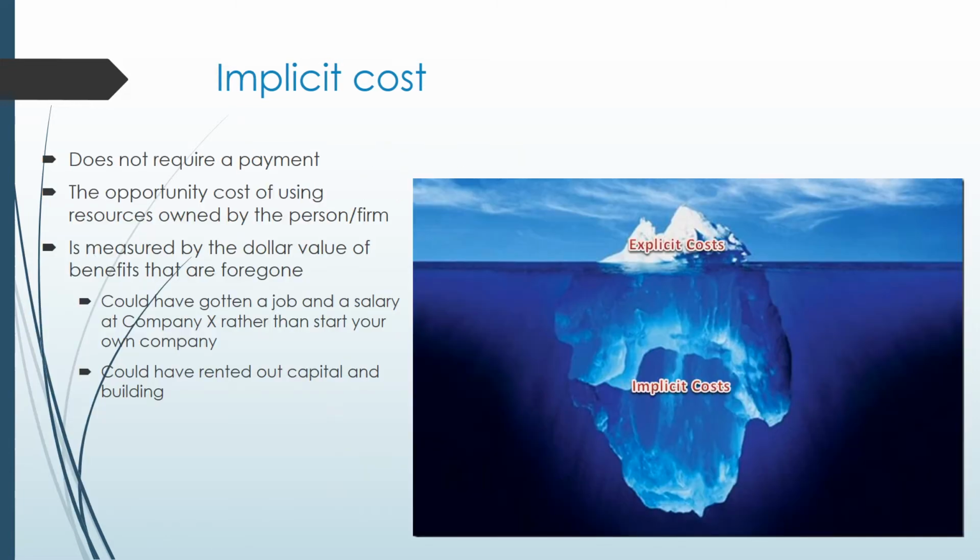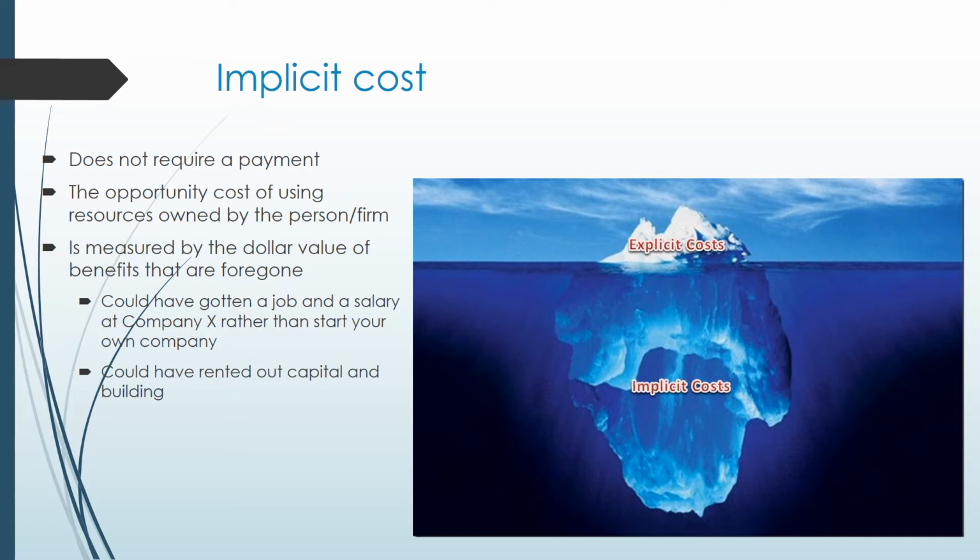On the other hand, and this is what's new to people typically, there are also things called implicit costs. Implicit costs do not require you to make a payment. So there's no money changing hands with an implicit cost. You don't write anybody a check, you don't wire anybody money, nothing like that happens. Rather, an implicit cost is the opportunity cost of using resources that are owned by the person or the firm.